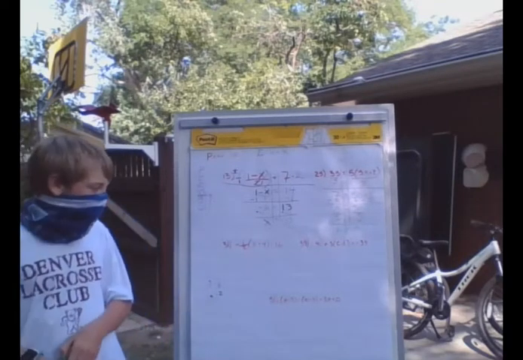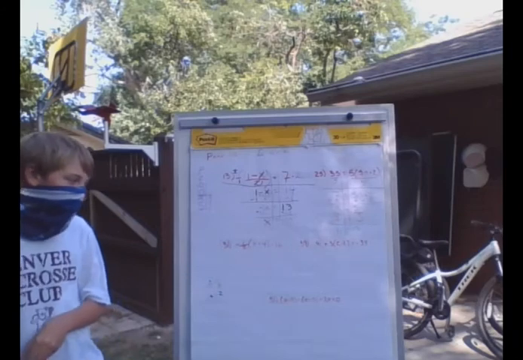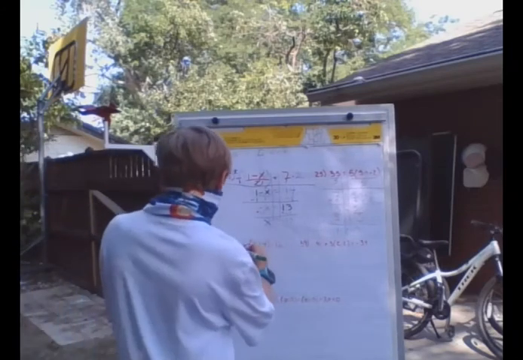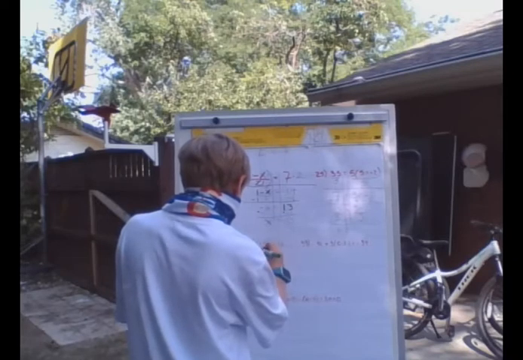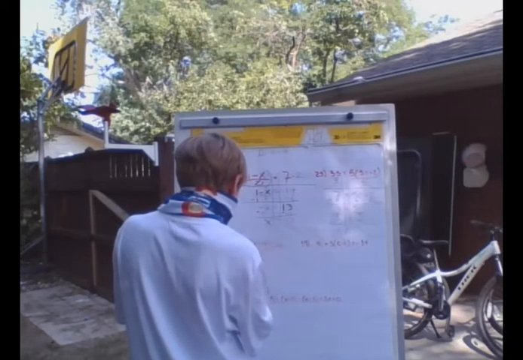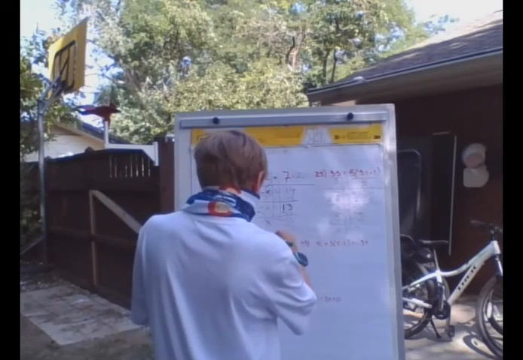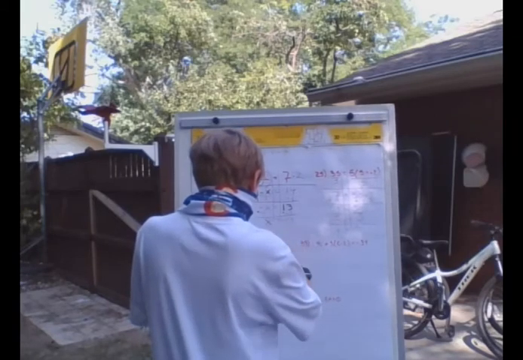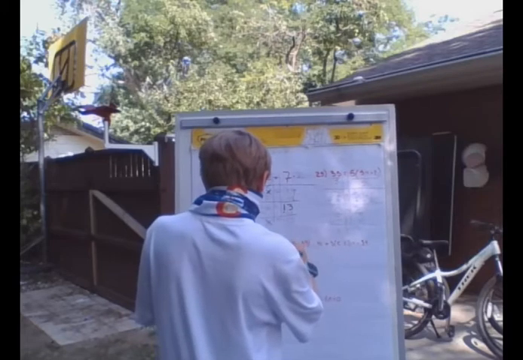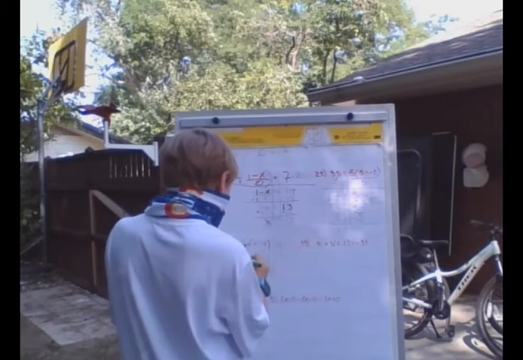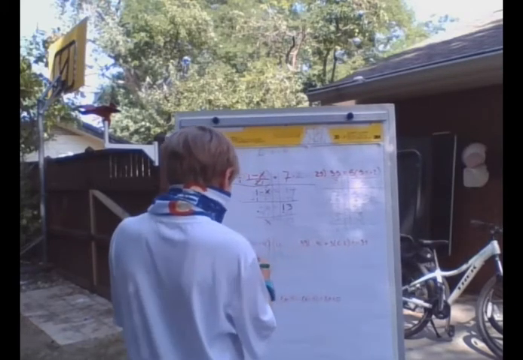All right, Gavin, would you please multiply both sides by -2? I'm just going to hide the screen so that nobody can see it. Gavin, could you step to the side so we can see what he's doing?